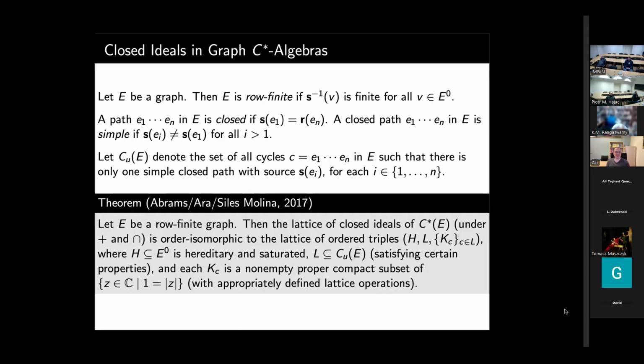And then they show that this lattice is order isomorphic to the lattice of closed ideals of C-star algebras, this time under obvious operations, intersection and ideal addition. Okay, so in this case, I think the Leavitt path algebra result actually might predate this.